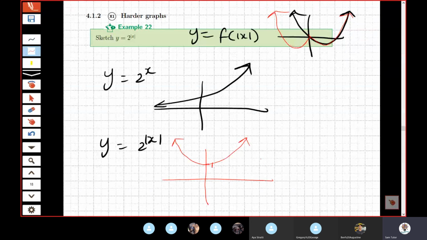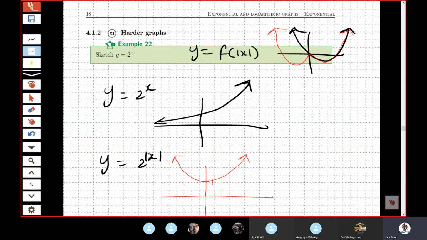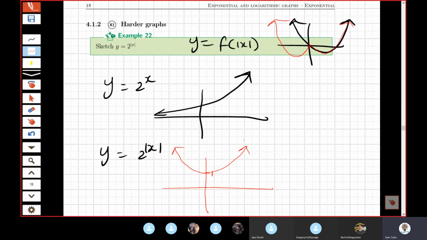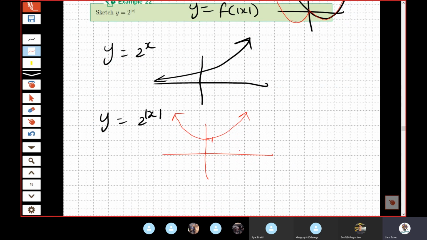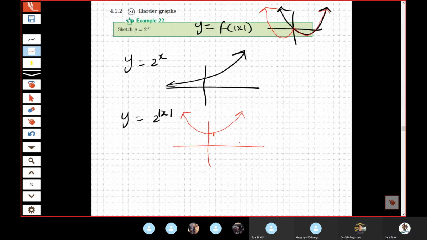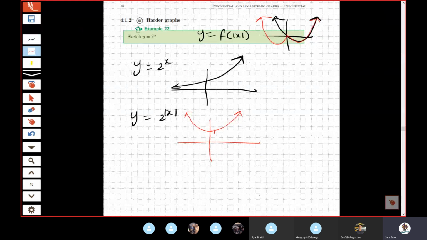Easy, right? If you follow these rules that I made you guys copy down. Or personally, I memorize what each transformation does to this basic graph that I made you draw. So I've memorized all these. And then eventually you can apply it to absolutely any graph you have. Any questions about that?